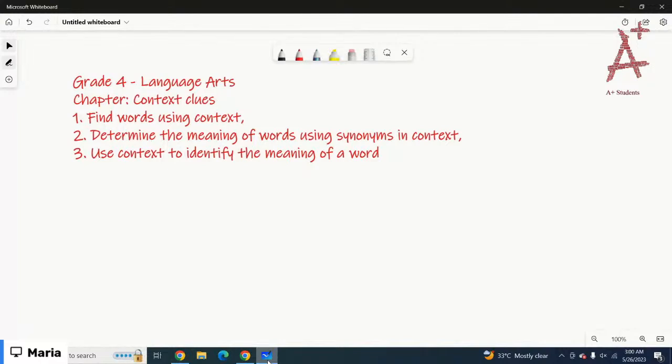We're going to start with grade 4 language arts. You can find all the lessons on aplusstudents.com. You have to log in there using your email address, and the password is provided by the administrator.